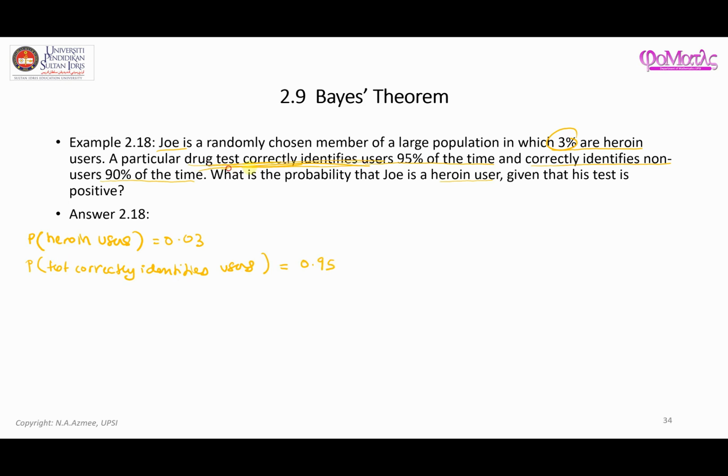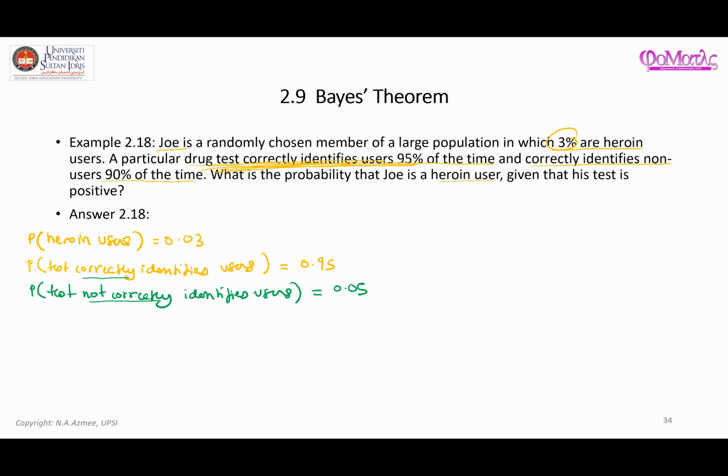Now, based on this statement, we can come up with more information: the probability test not correctly identifies users. Clearly this one is the complementary event to this one, so 1 minus 0.95 is 0.05. This is the information that we can derive from the information given here.